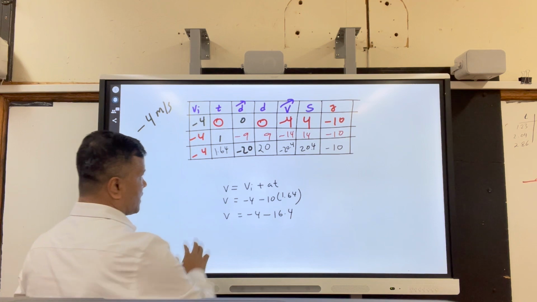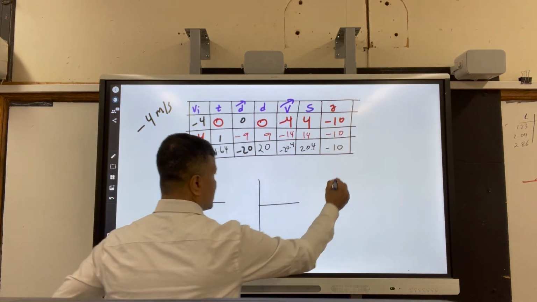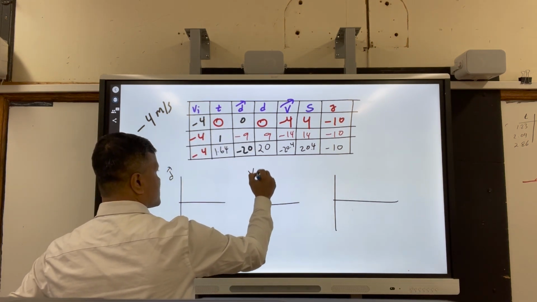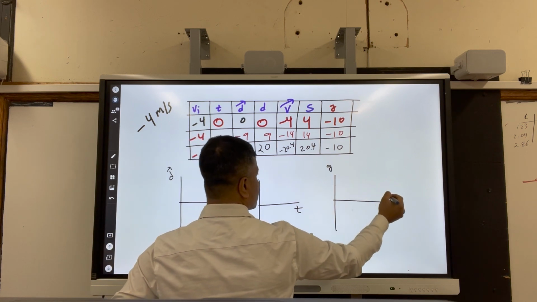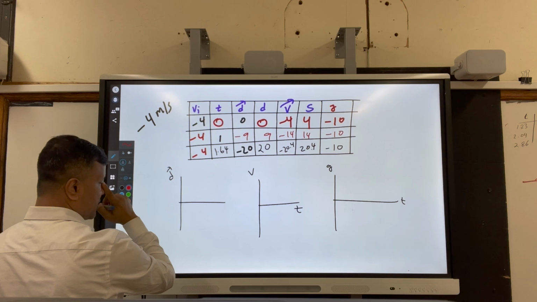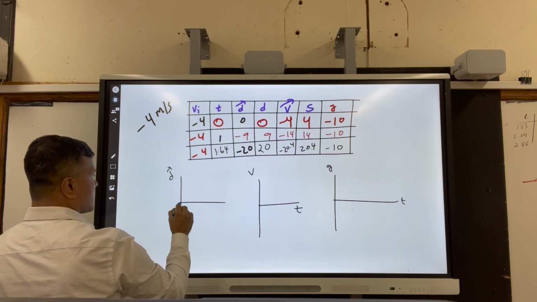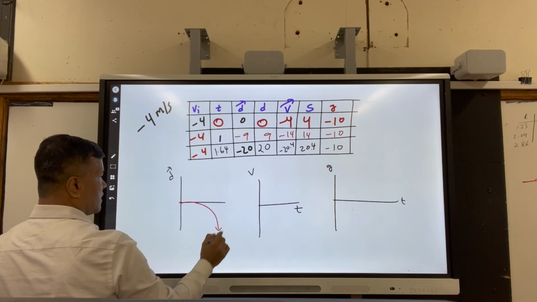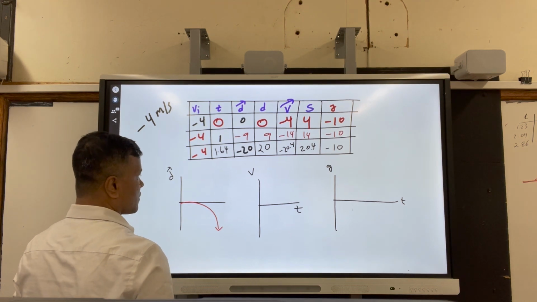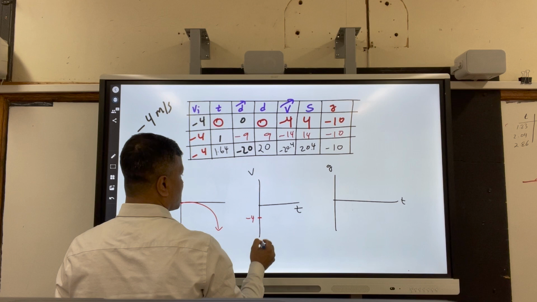Now let's draw the graph: dt, vt, and at. So displacement versus time, velocity versus time, acceleration versus time. Now, distance versus time is you throwing it down, and you throw it down with negative 4. This is negative 4.